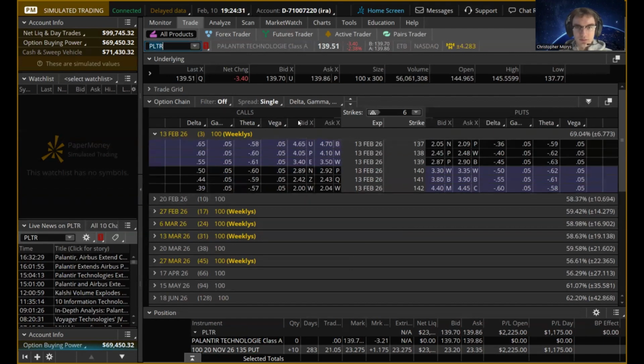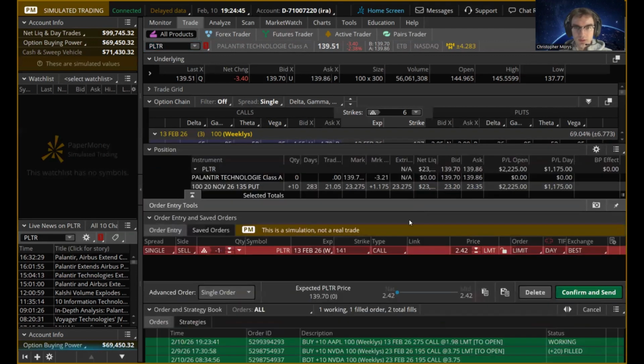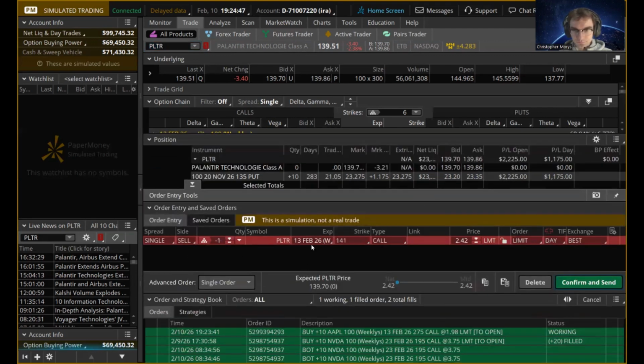February 13th for the bid. Their stock price closed at 139. Just north, it's 140, 141. We'll go 141. Sell, call, and then press confirm and send.